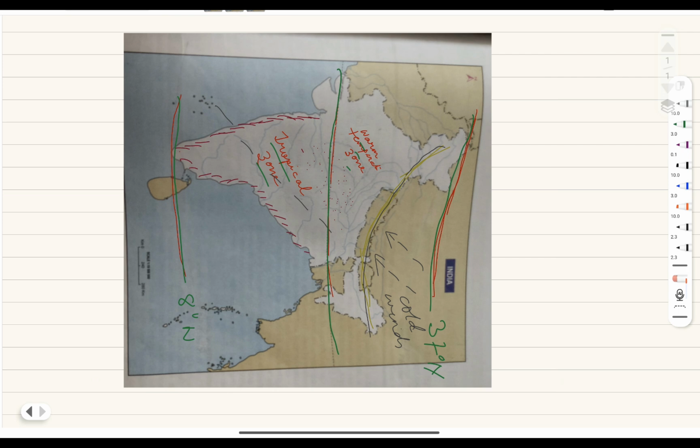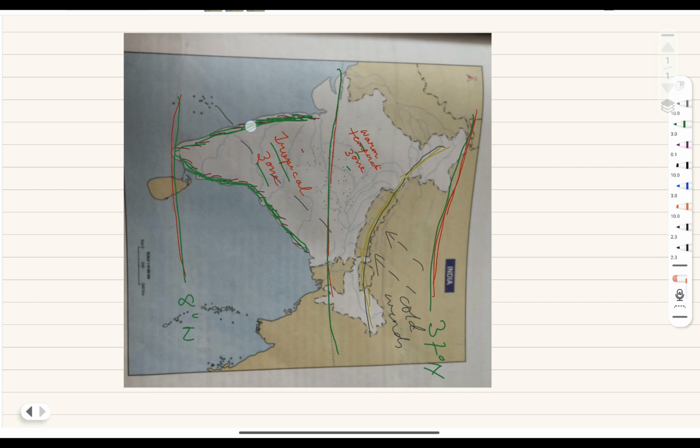Next factor, we know altitude, that is the Himalayan regions or all the hilly regions, they have comparatively cold summer or their temperature is low because of normal lapse rate. Next factor, distance from the sea. Children, we know that all the places that are lying along the coastal areas will have moderate type of climate because they are coming under the influence of land breeze and sea breeze.